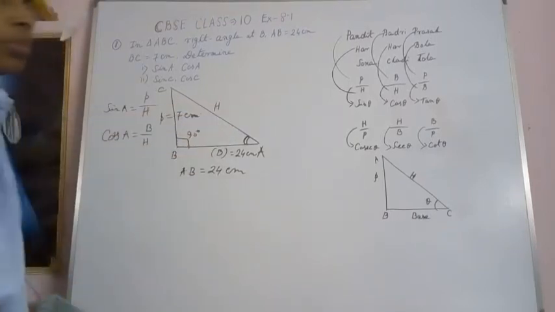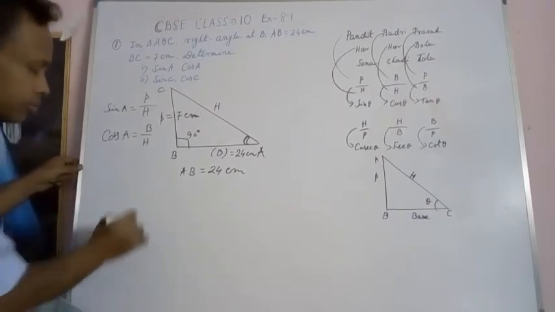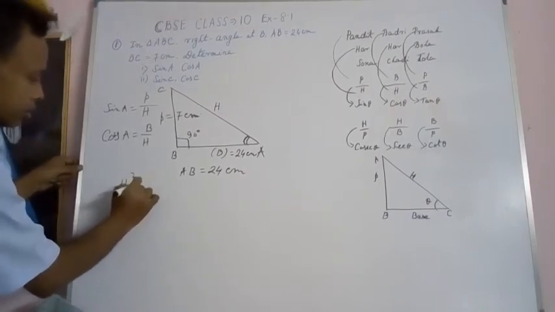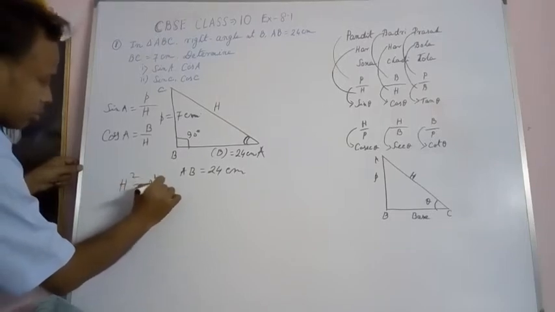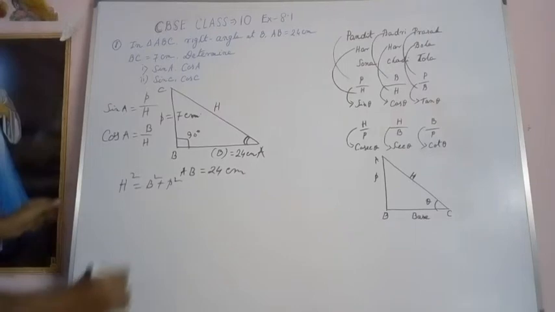What is the value of hypotenuse? We know according to Pythagoras theorem, hypotenuse square is equal to base square plus perpendicular square. Here put the value.